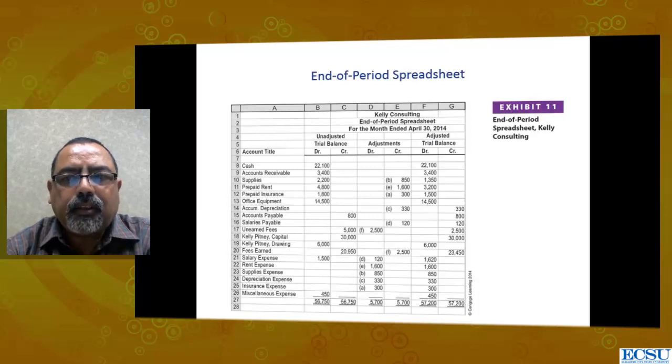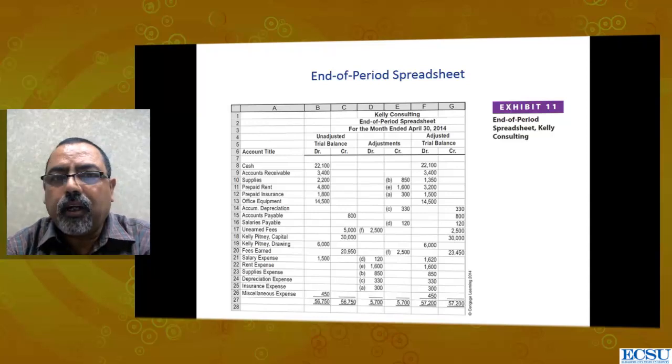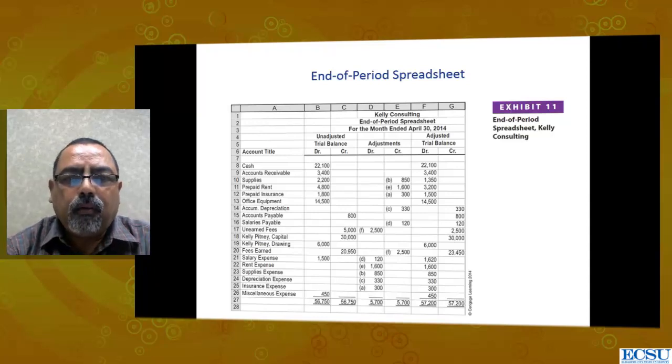And at that stage, we can also do an end of the period spreadsheet, that is known as a worksheet. Now, worksheet is only a scratch pad for the accountants. It's not an official document. We want to just have a look at what are the accounts and what are the adjustments to be done, and we calculate the adjusted trial balance by comparing the figures of the unadjusted trial balance and the adjustments.